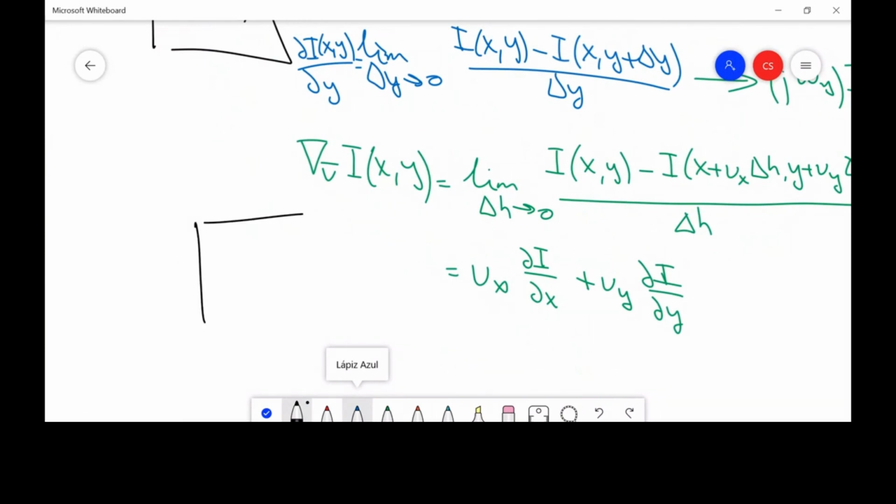We have the image, we have the point, and we want to compute the derivative in this direction. All you have to do is compute the derivative in this direction and the derivative in this one. This one is ux, uy. So the derivative in this direction is a linear combination of these two other derivatives.